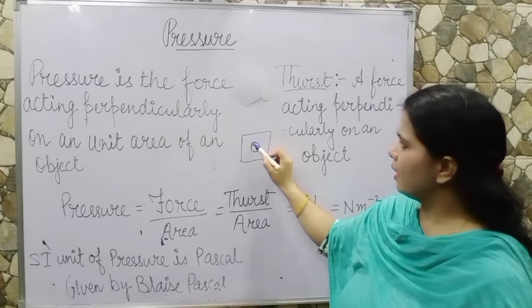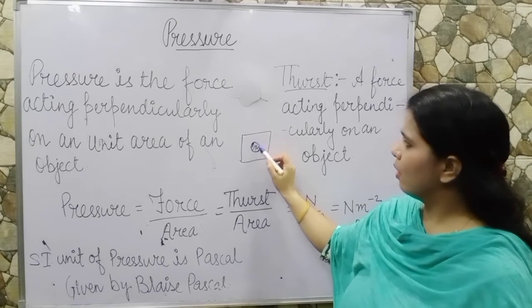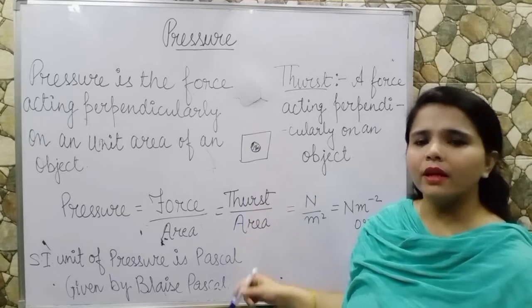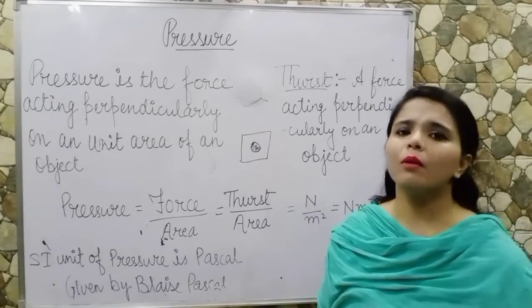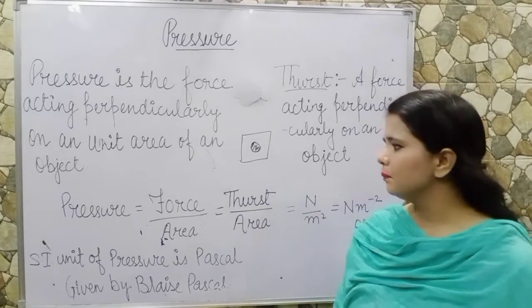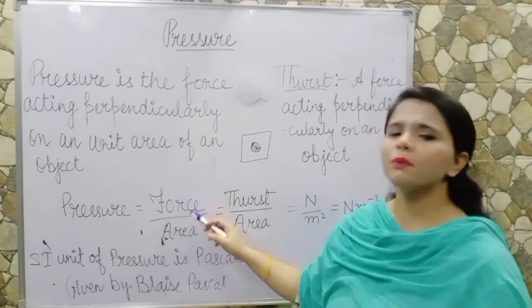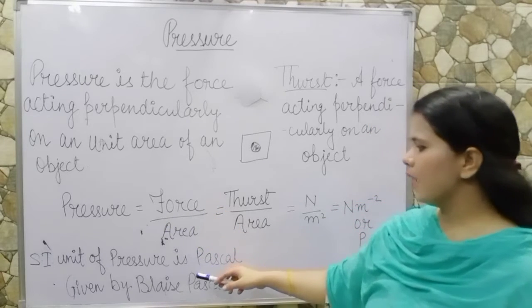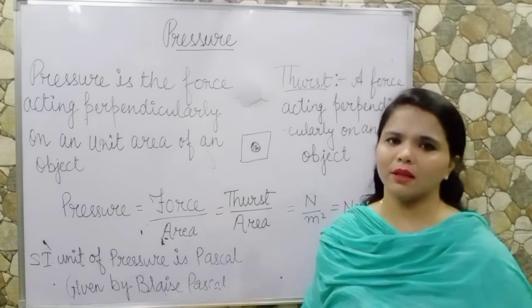And this is the area on which the force is applied. Then it is said to be pressure. Got it? Pressure is force per unit area and the SI unit of pressure is Pascal.